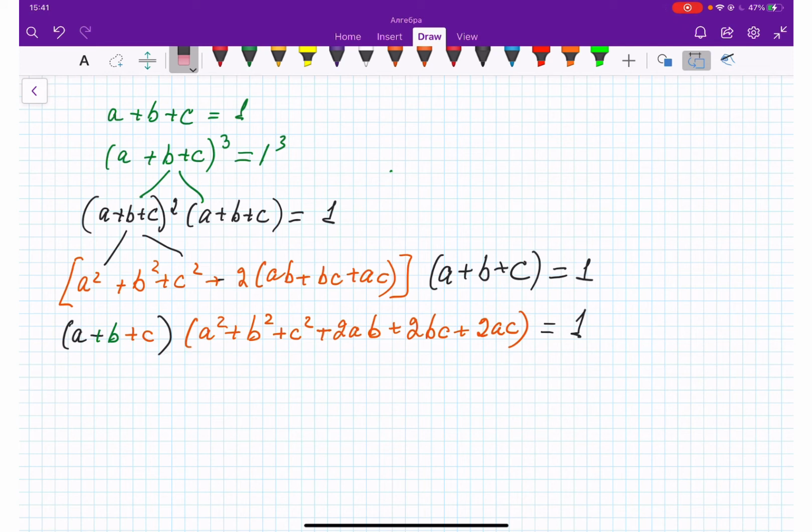You can follow me. I'm starting with black color because I'm multiplying A by the entire second parenthesis.